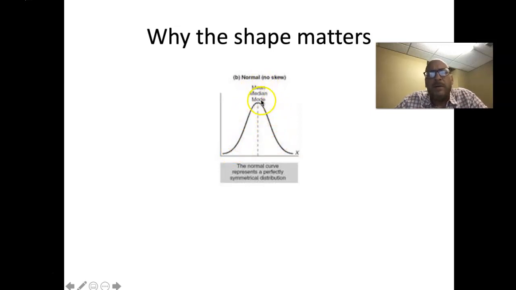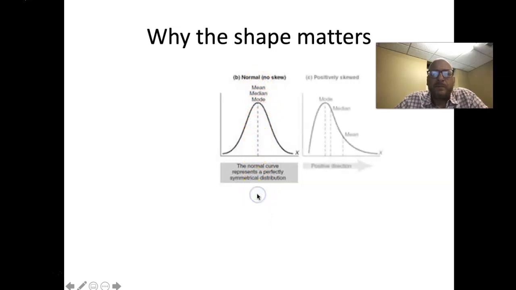The mean, median, and mode here are all the same. So in that case, you could choose any of those three measures and come up with the same answer. But look what happens with a positively skewed distribution. The mode is the measure of central tendency that has the highest frequency. It's right here. The median is all the way over here, and the mean is over here.